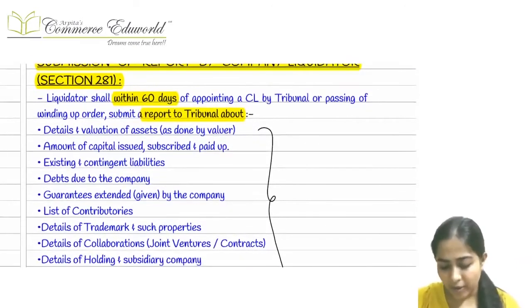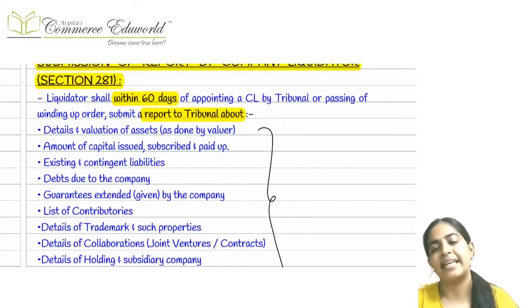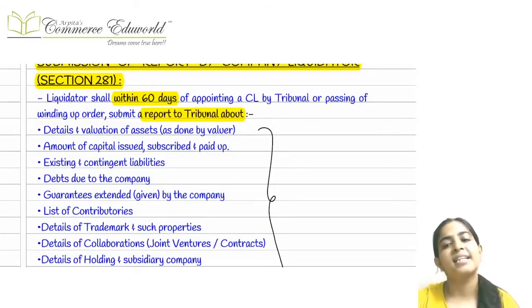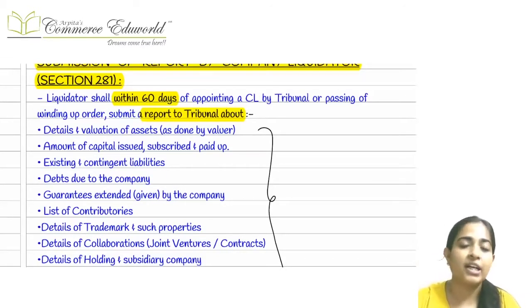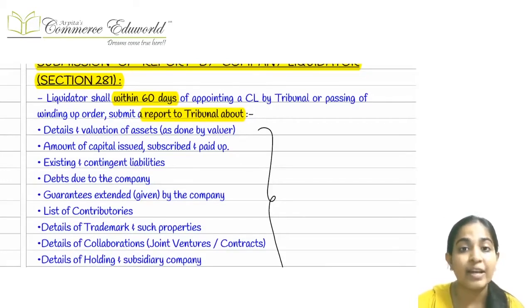Now they are talking about some duties, powers, etc. of the liquidator, that what all things are supposed to be done by the liquidator. Once the liquidator comes into the picture, he will start checking everything. He will start doing the valuation of the assets.